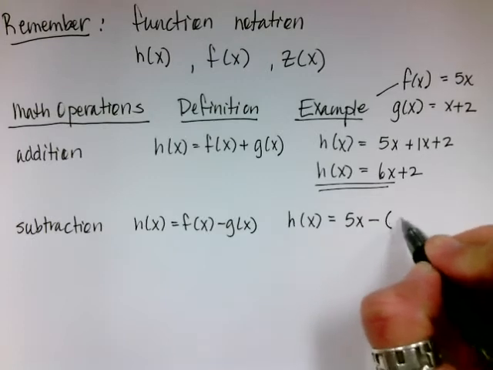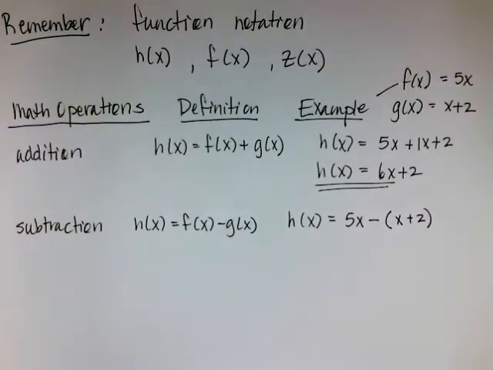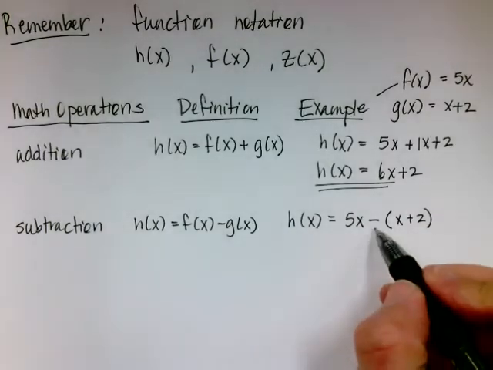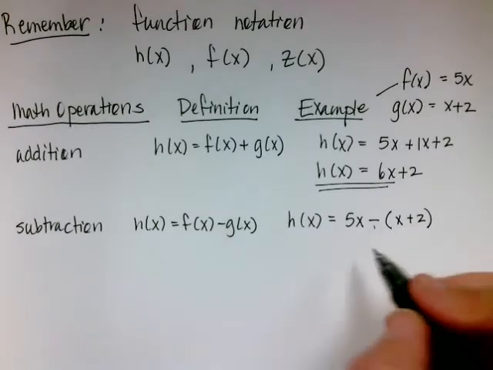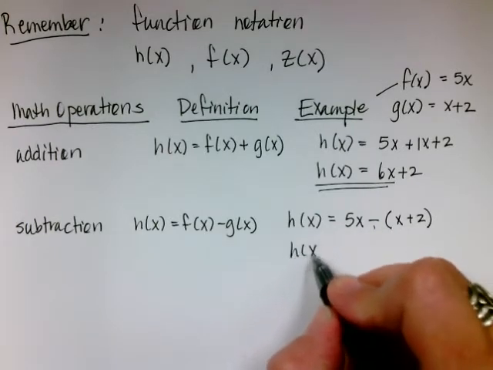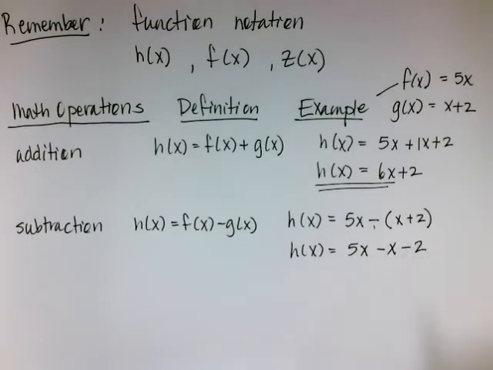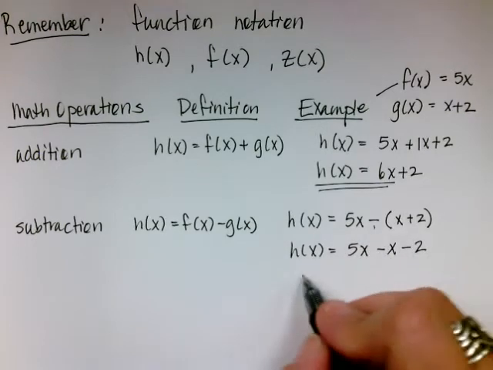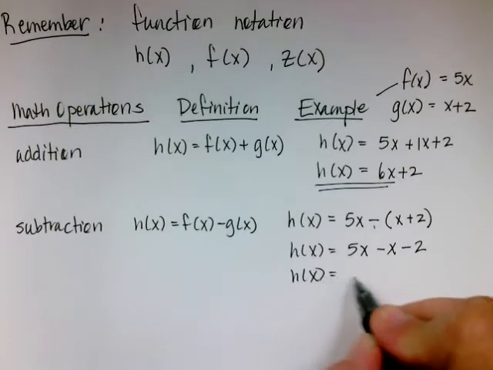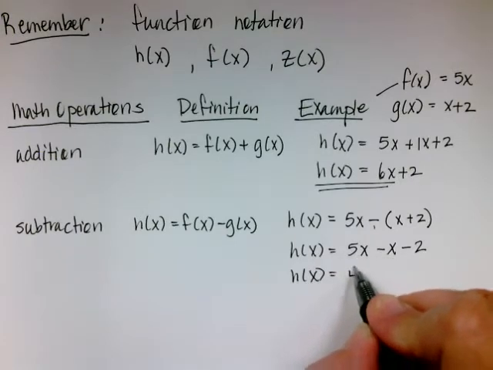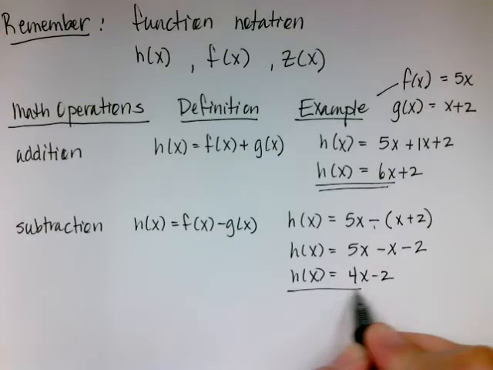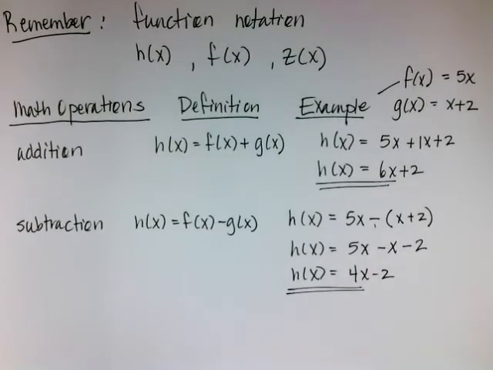I'm going to subtract the whole thing of g of x. So I need to make sure that I distribute that negative. So I'm going to have h of x is equal to 5x minus x minus 2, combine like terms, and I get h of x is equal to 5 minus 1, 4x minus 2. And then that one's done.